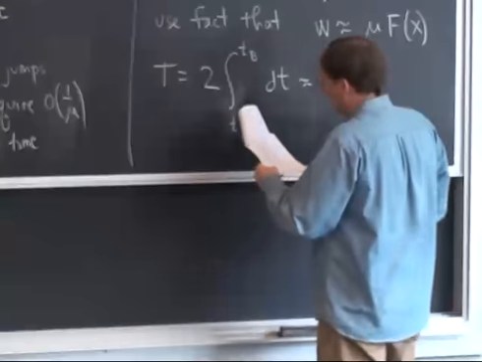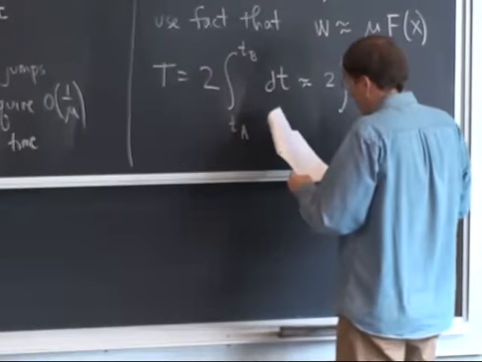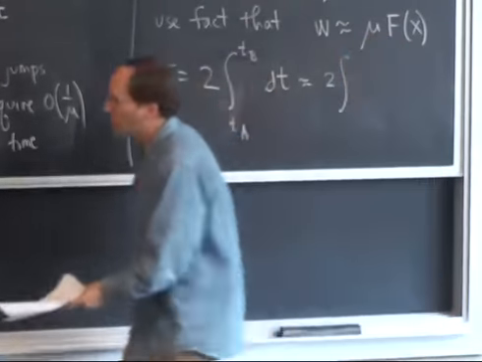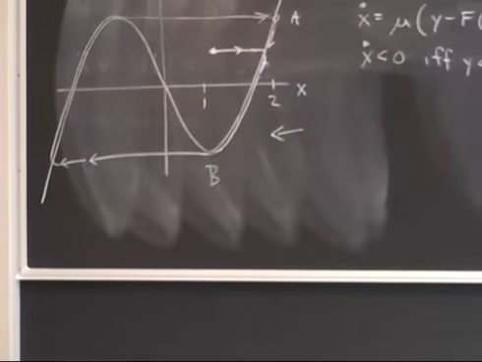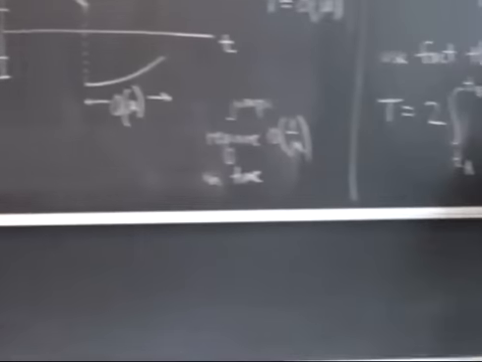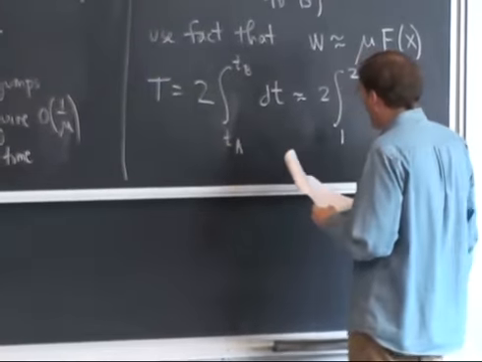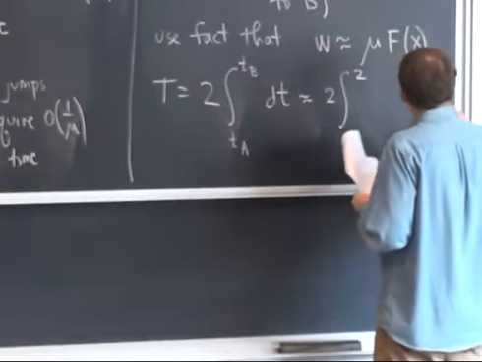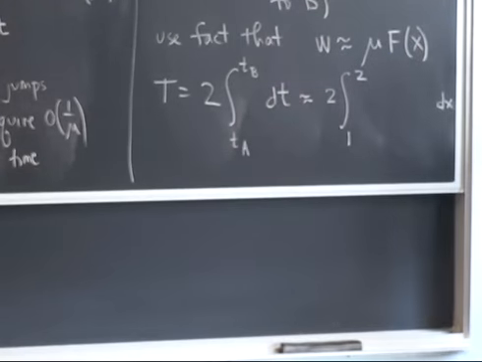We don't have access to dt itself, but we do know x. We have good control over x. We know that x went from 2 to 1. So the x value at A is 2, and the x value at B is 1. And so we convert this into an x integral. That is, let me put a dx out there.